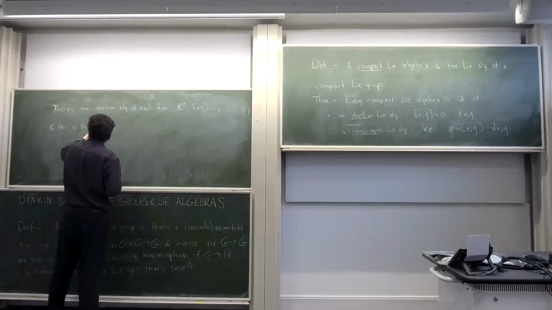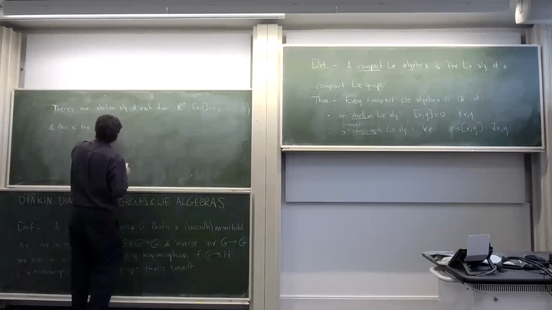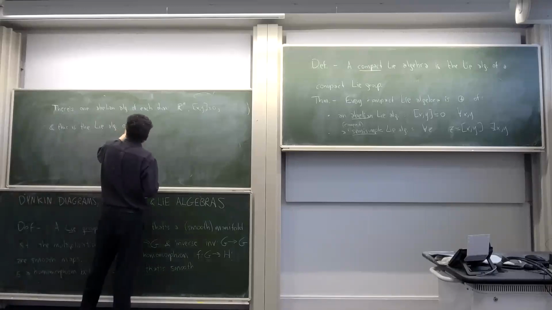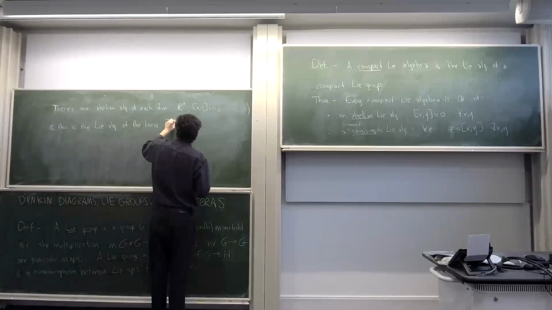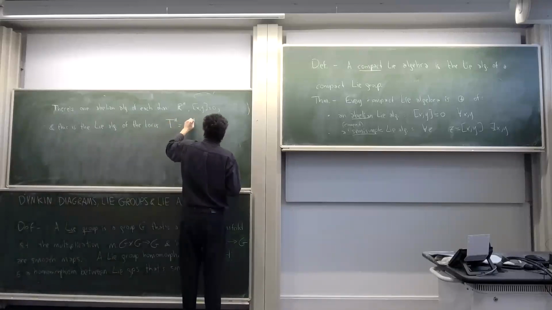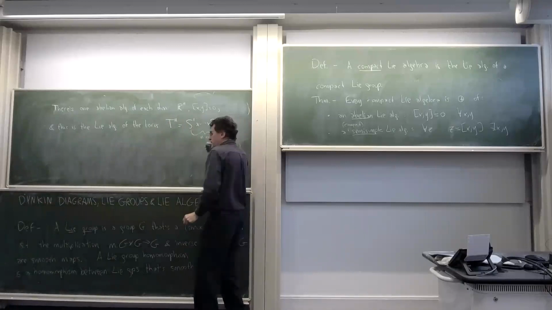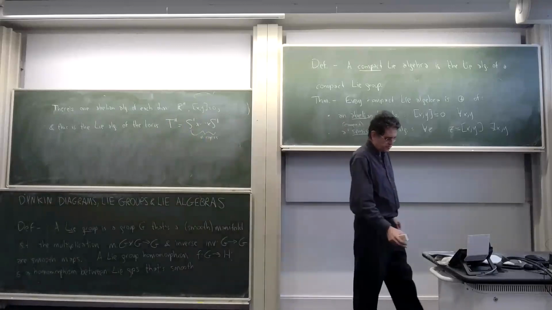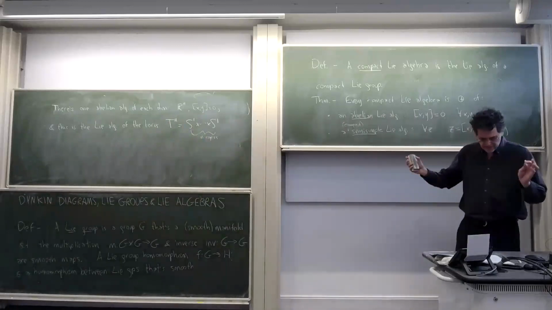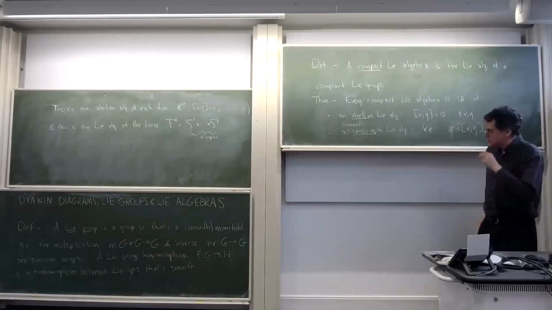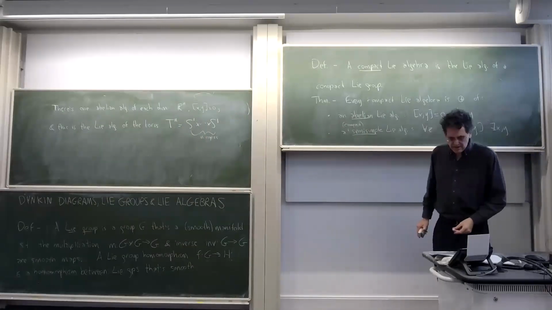This is the Lie algebra of the torus. The torus Tn is the product of n copies of the circle. And that's an abelian Lie group, so it's got an abelian Lie algebra. So that's sort of simple to study.